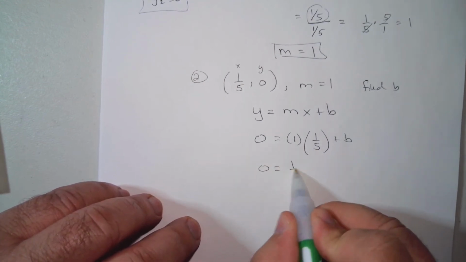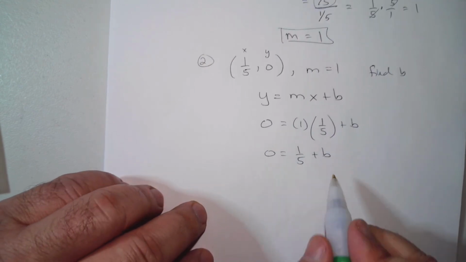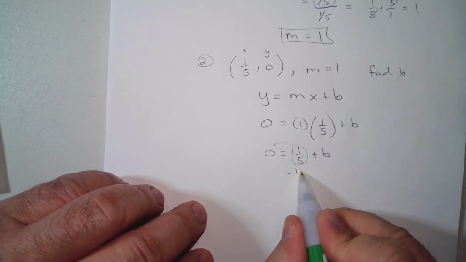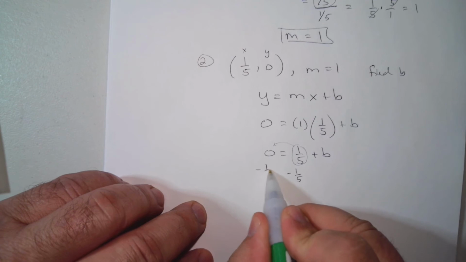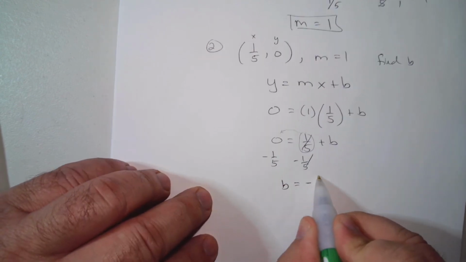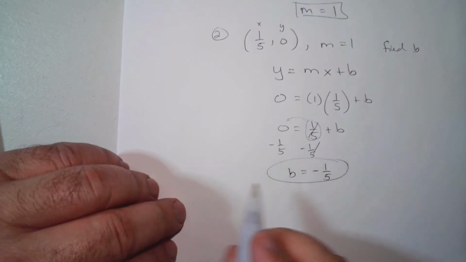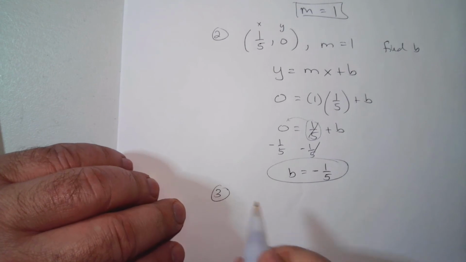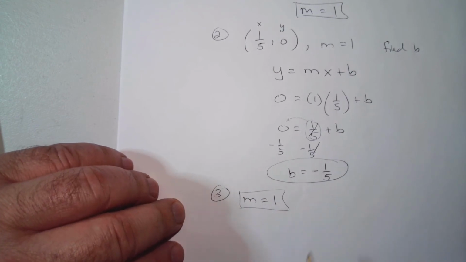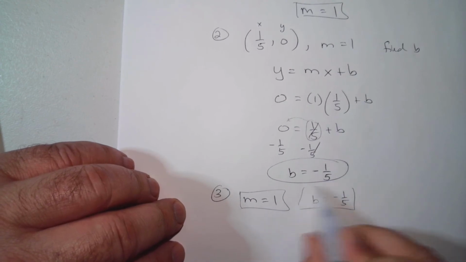One times 1/5 is 1/5. Since nothing else is there, we have to move this to the other side, so we subtract 1/5 from both sides. So b is equal to -1/5. So our slope is 1, and our b is -1/5.